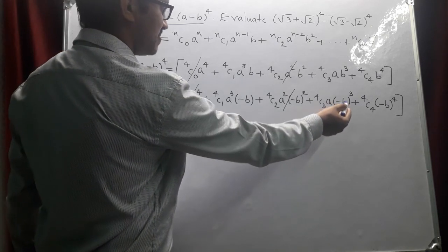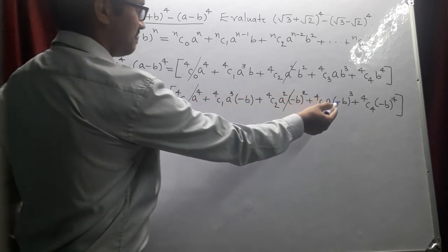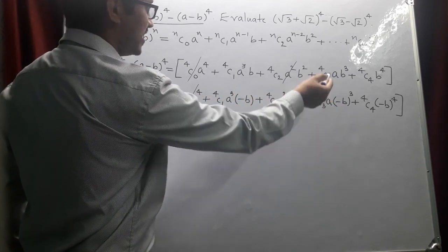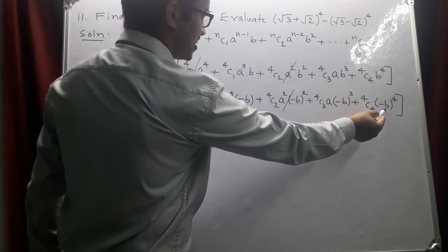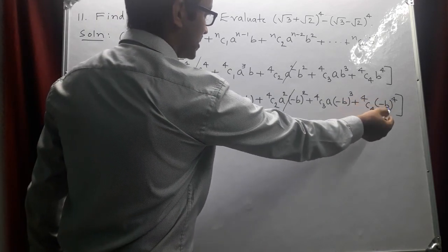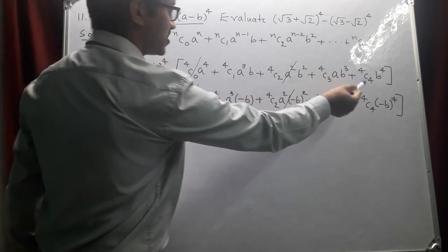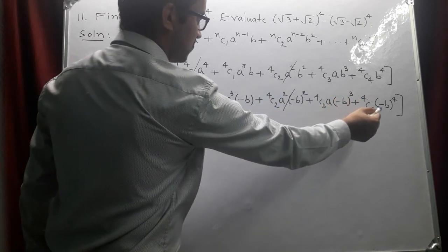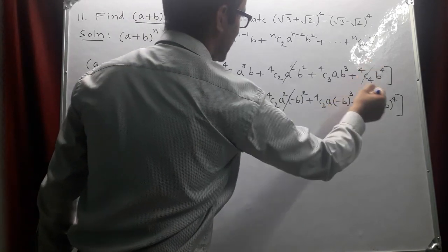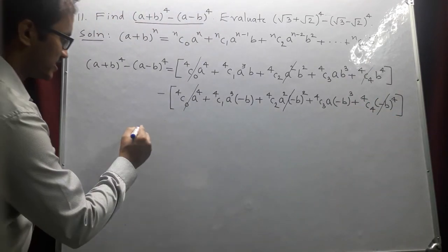Again here (minus b) whole cube means minus, so minus into minus is plus, so we have to add these two terms. Next term, minus b power 4 is the same as b power 4, so 4c4 b power 4 minus 4c4 b power 4, these two terms again get cancelled.